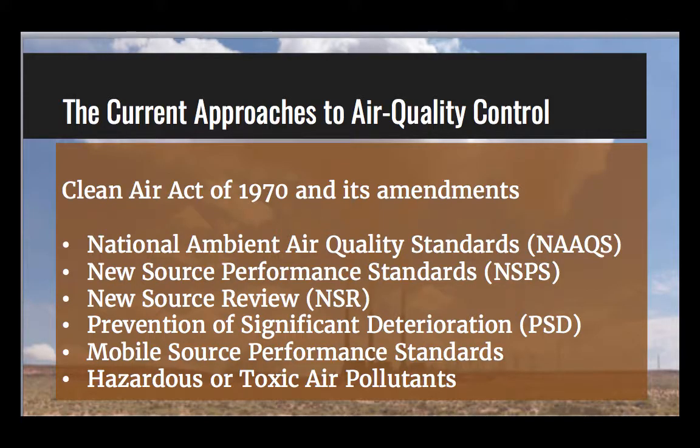The Clean Air Act of 1970 and the subsequent amendments in 1977 and 1990 are the statutory basis of air quality regulation today. Leading up to the programs implemented under the Clean Air Act, there were several factors that underpin the strategic approaches employed.